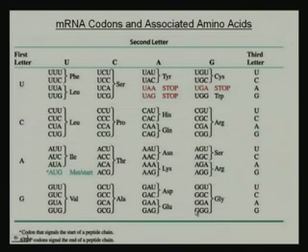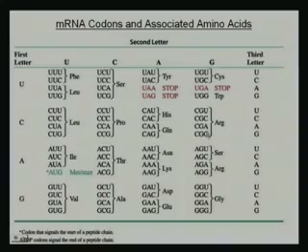That means the third nucleotide is not that important for recognition of the amino acid, but the first two are very important, and that is called the wobble hypothesis of the genetic code.